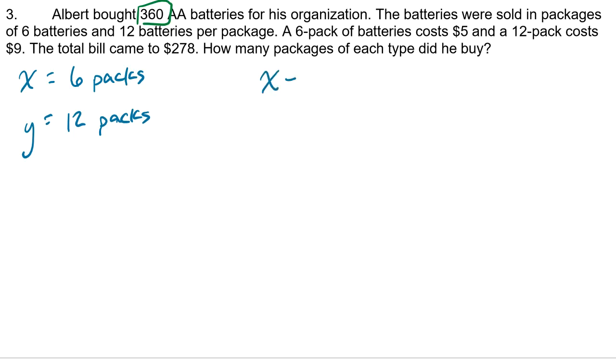Now, since it is a total, a lot of students want to just say this first. But in this case, because of the wording of the problem, we can't actually put that. Because remember, each X is a pack of 6 batteries. Each Y is a pack of 12 batteries.